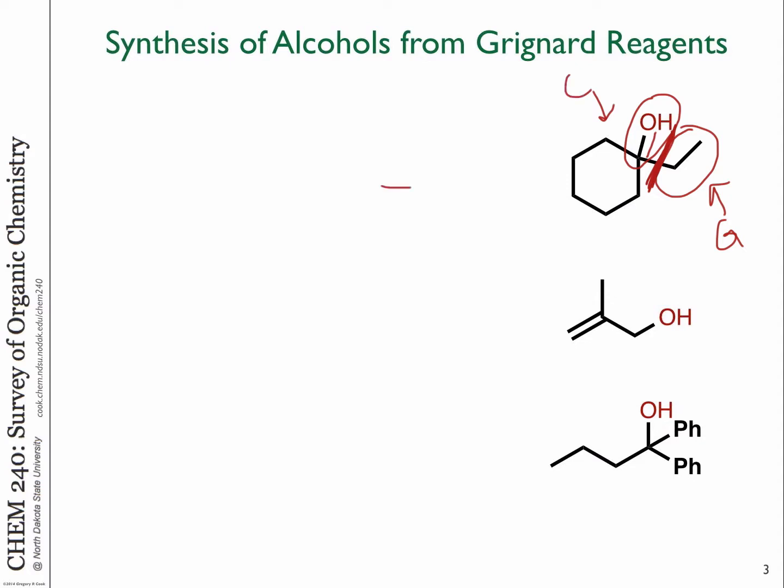Okay, so the way to make this would be starting from, in this case, cyclohexanone, and the Grignard reagent would be the 2-carbon Grignard reagent. Okay, and that 2-carbon Grignard reagent came from what?